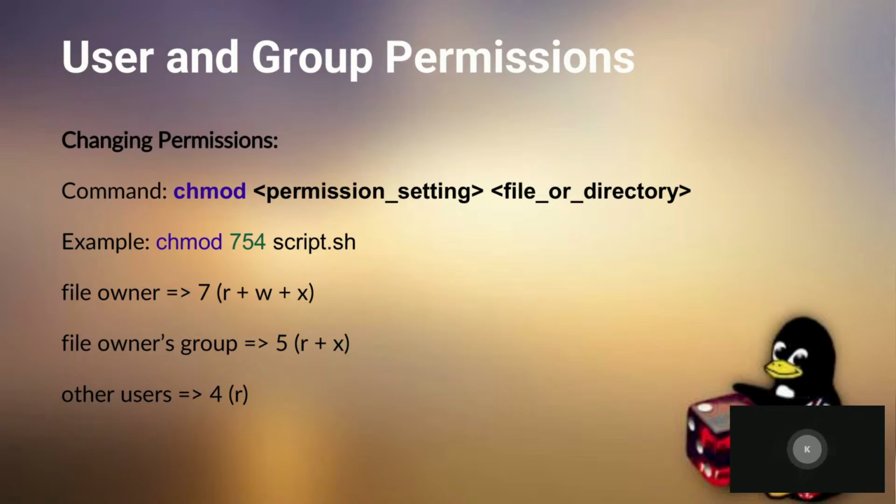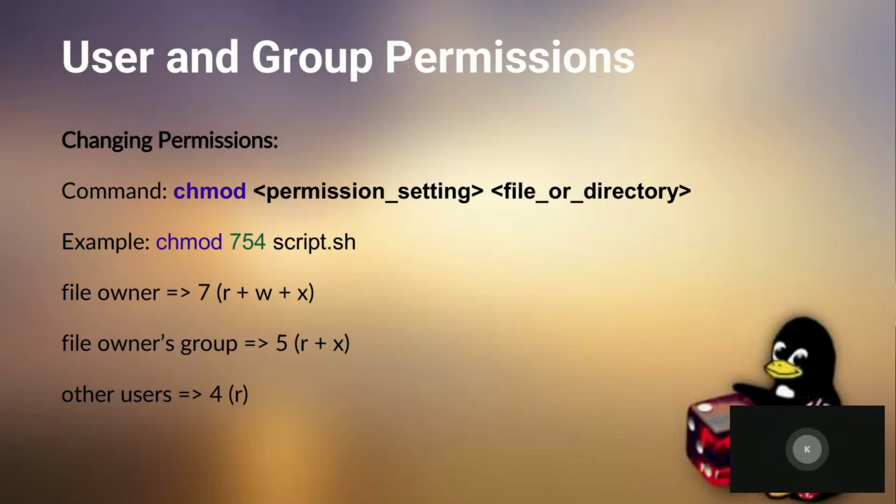Okay, so this is how you can change permission, the popular chmod that we make use of. So use chmod with a permission setting. The permission setting is always 3 digits. The first digit represents the permission of the file owner.